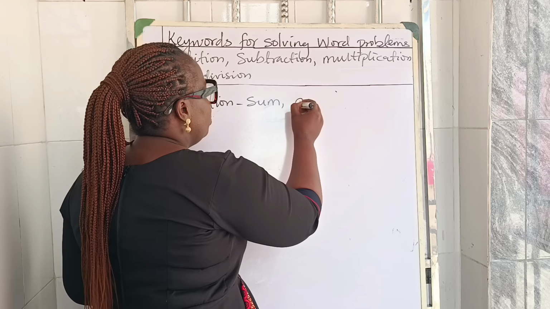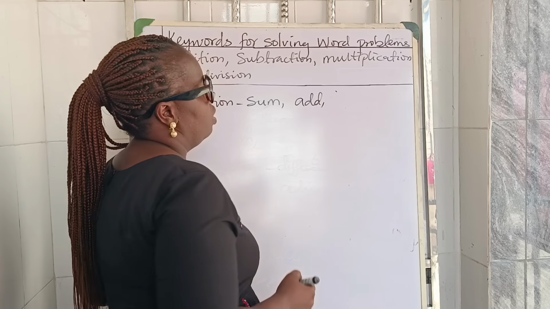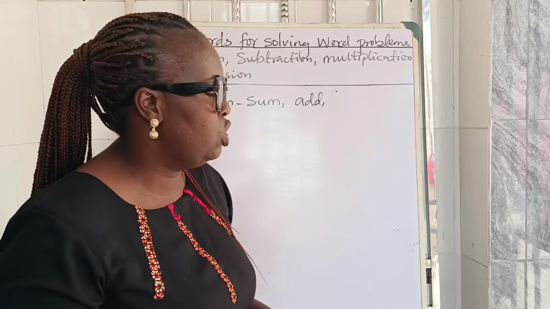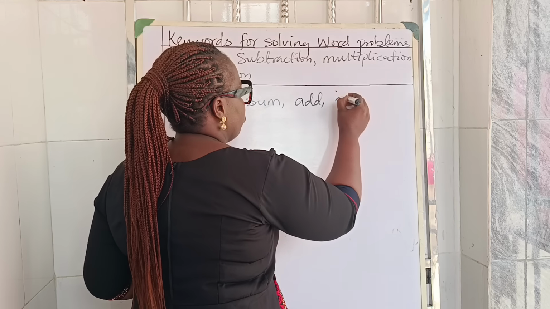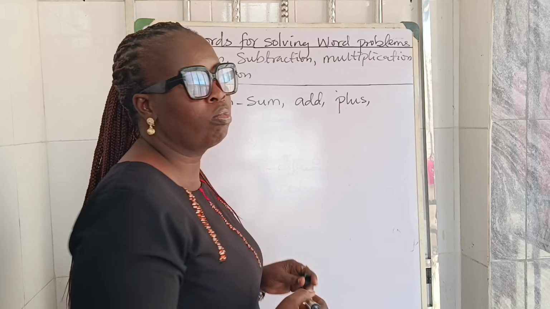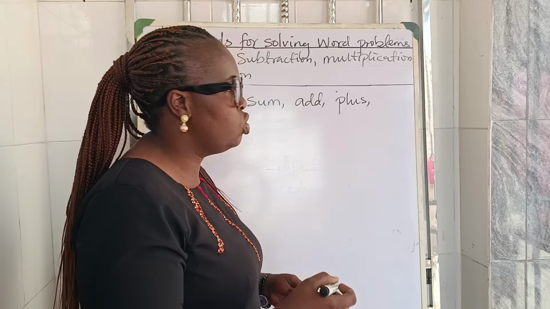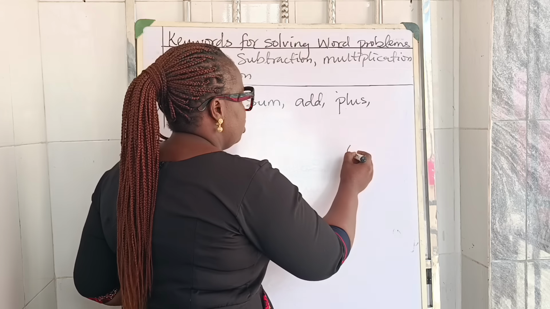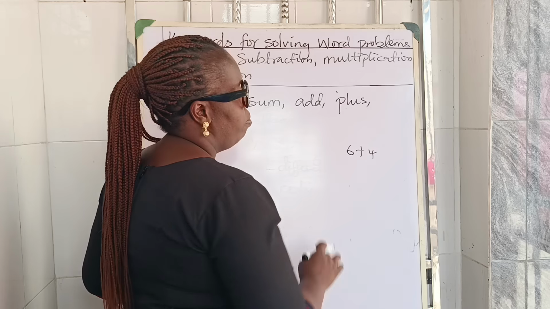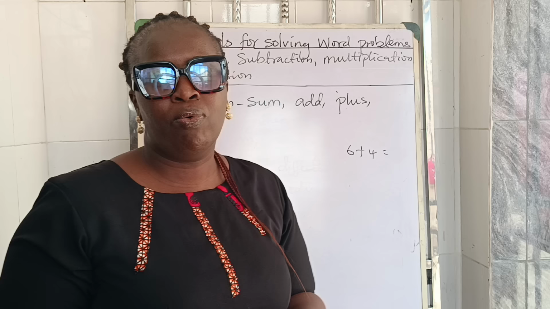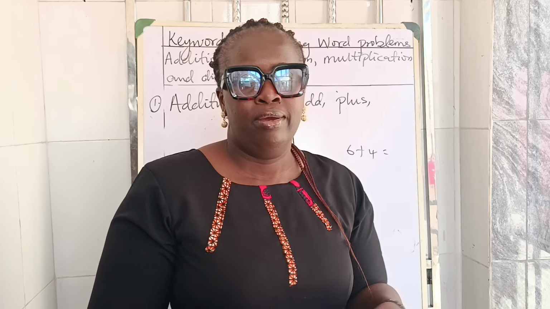When you see this word add, you already know that the examiner wants you to perform an addition. You see plus, or even adding. Adding is like adding two numbers together. This is 6 plus 4. These two numbers are added equals to the sum, which is this sum that we have written there, right?